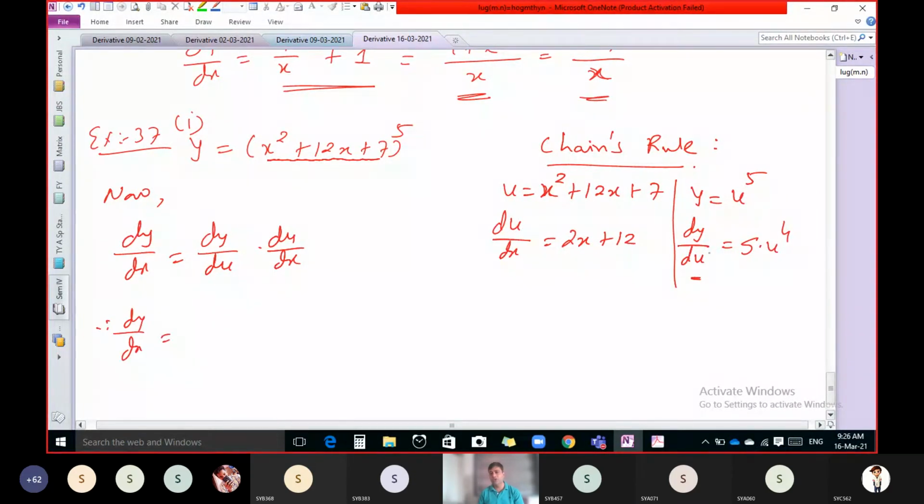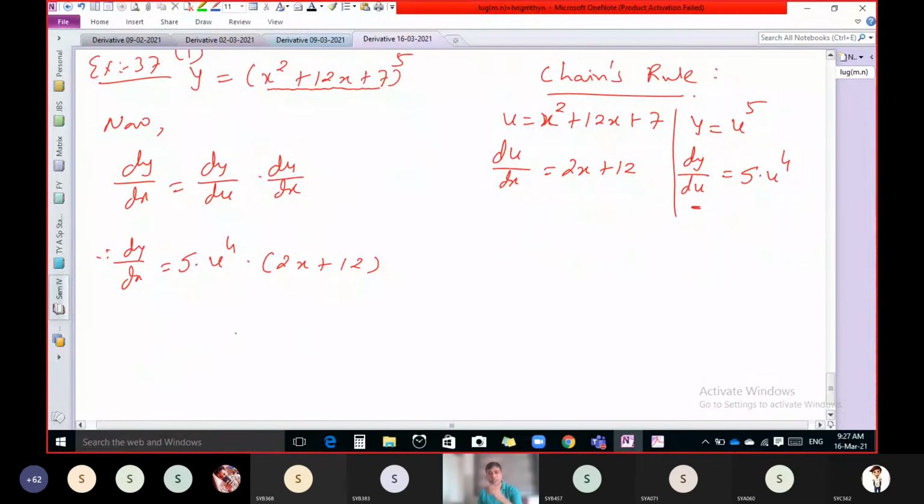So dy by du is 5 into u raised to 4, into du by dx, which is 2x plus 12. Now just put the value of u, which is x square plus 12x plus 7, raised to 4.